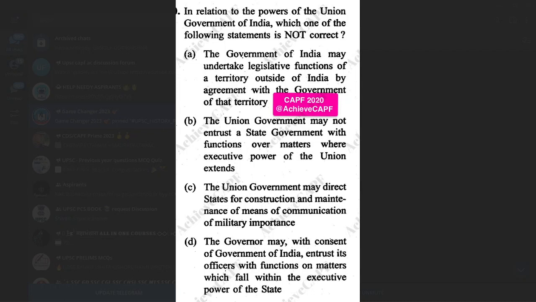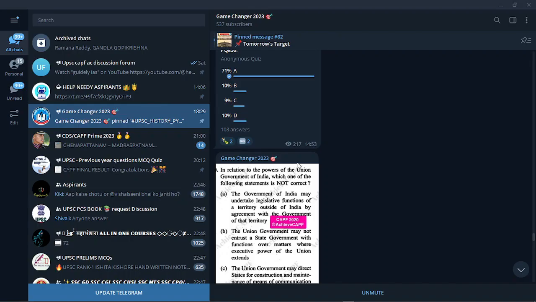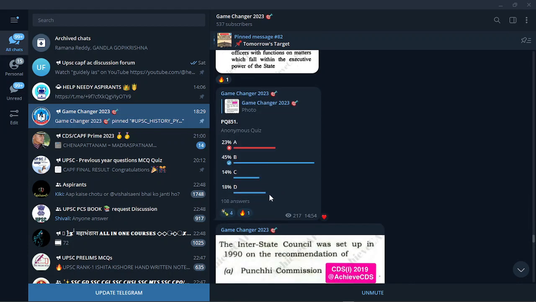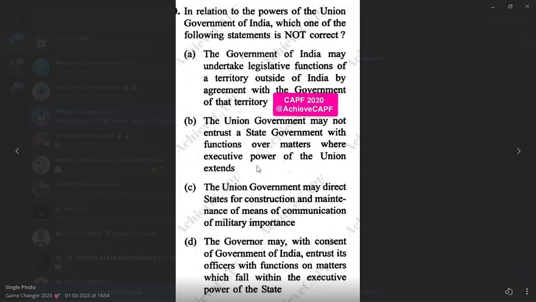It should be A, the answer. A. If not, 99% it's B. Put it. The option: the Indian government may not entrust state government functions over matters where the executive power of the Union extends. Okay, correct. Next.